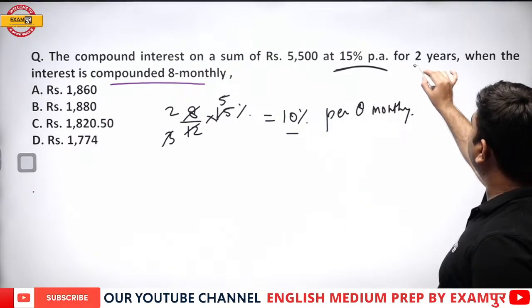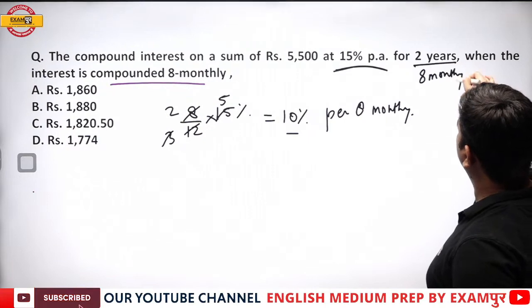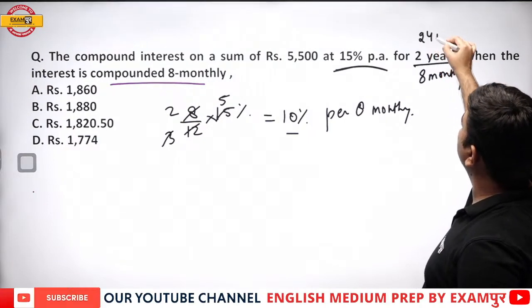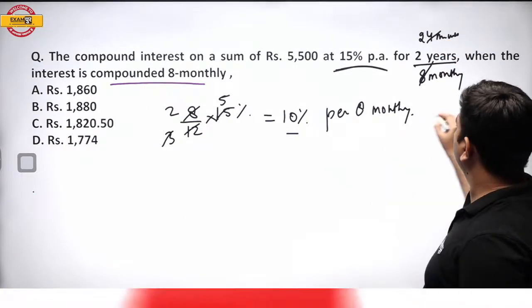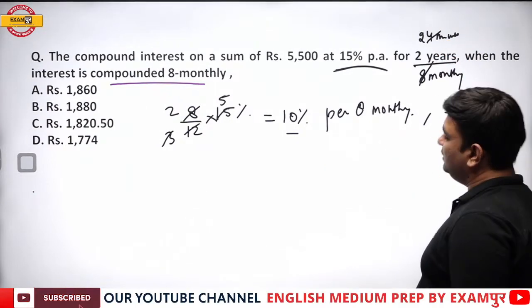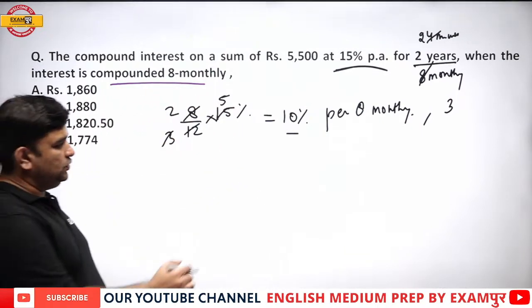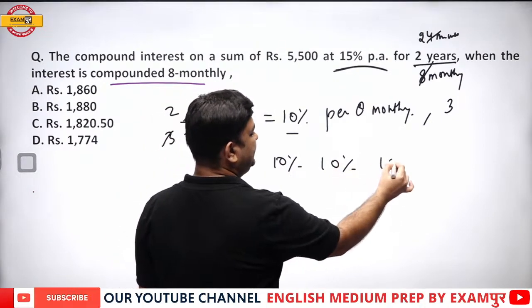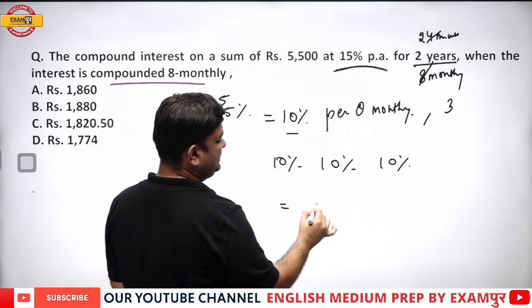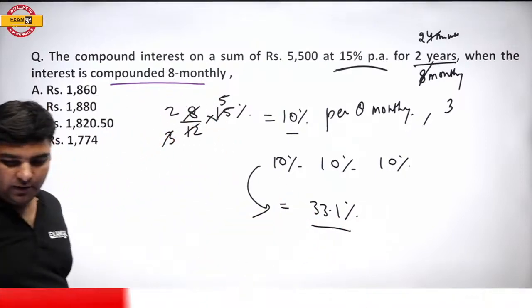How many 8 monthly periods in 2 years? 2 years is 24 months. So 3. So 10% per 8 monthly for 3 periods. So you can say 10%, 10%, 10%. Effectively is 33.1%.